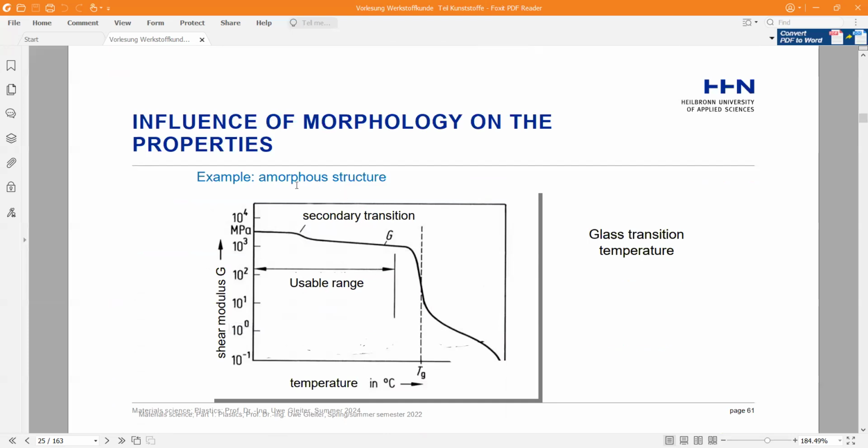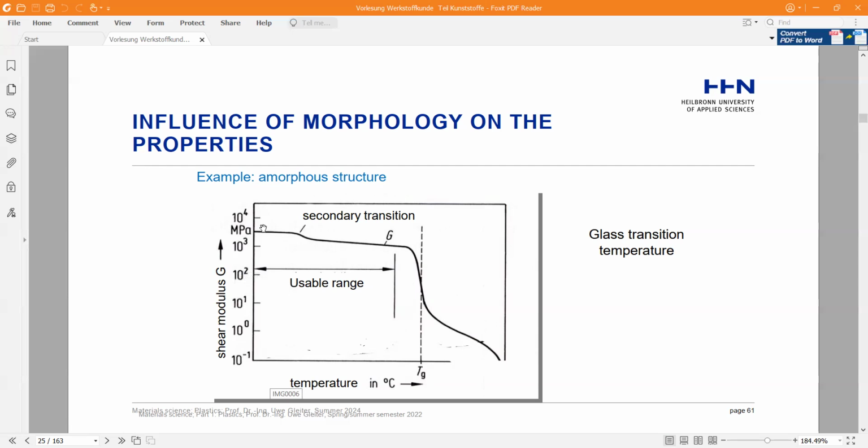Here we have an example of structure. It's a glass transition temperature. On the x-axis we have temperature in Celsius degrees, and on the y-axis shear modulus G in megapascals.